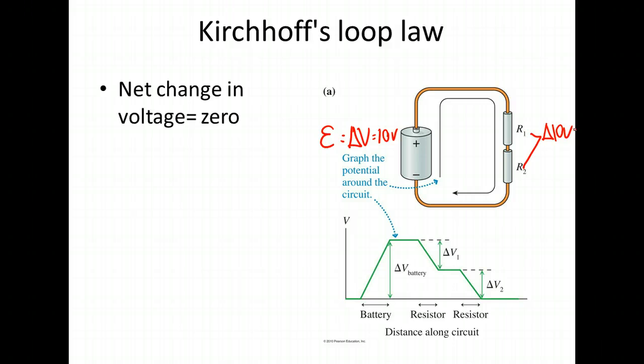That battery builds up the voltage potential, it travels through the wires, and then it drops an equivalent amount across the resistors.